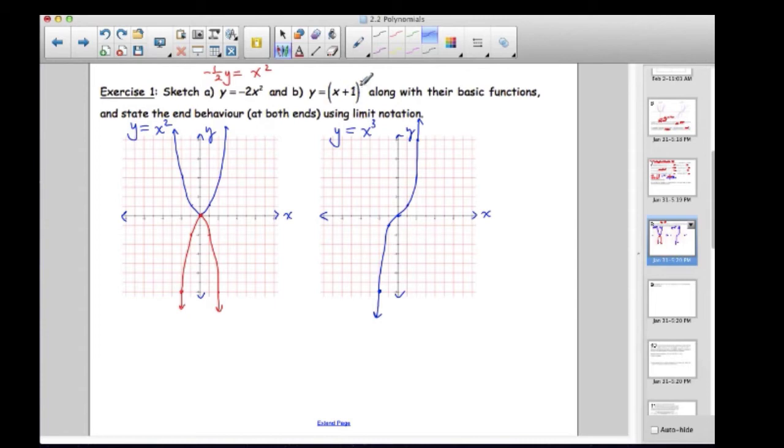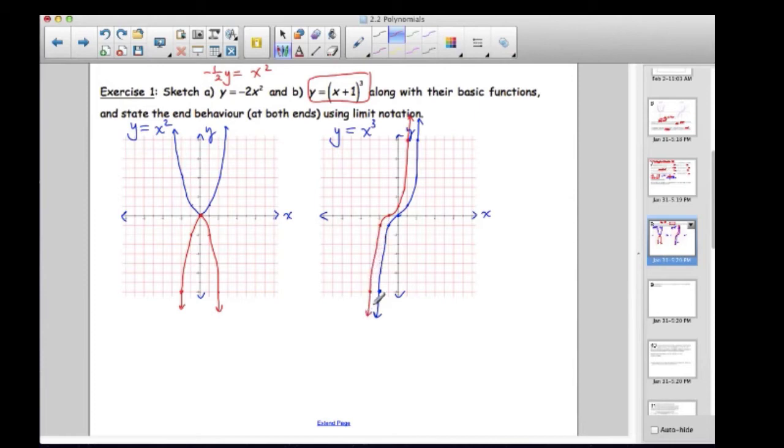And this transformation says to horizontally translate 1 to the right. Sorry, 1 to the left. So from here we go over 1, up 1, over 2, up 8, left 1, down 1, left 2, down 8. And there is our transformed graph.